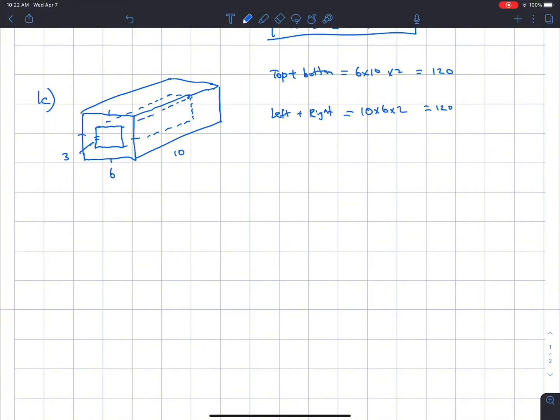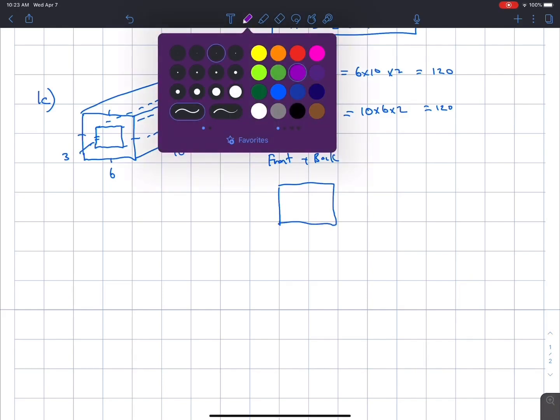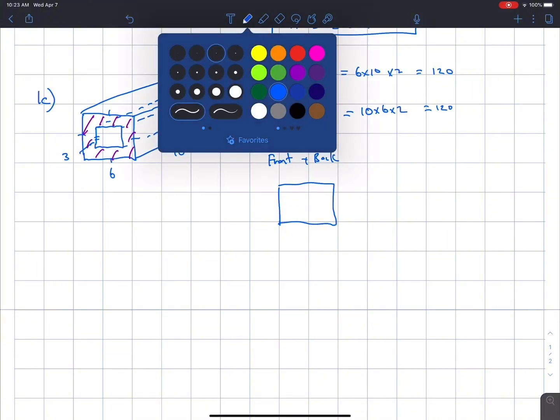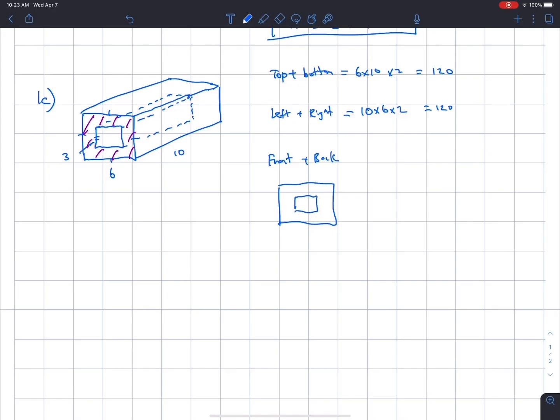And then we have the front and back. So the front piece looks something like this. This is the front piece. I only need to find this shaded area in purple because the middle part is hollow, it's empty. I know that this is 6.